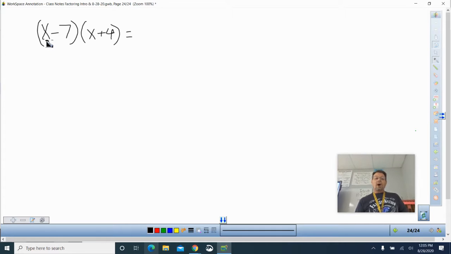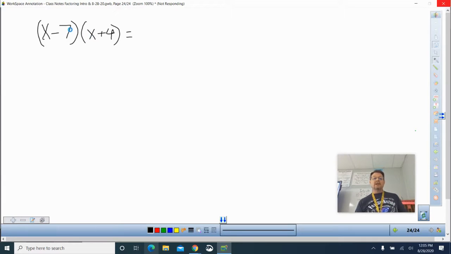Okay. O of the FOIL is the outside term. So that's x and 4. So you do 4 times x, or x times 4. There's your O. Okay. I is the innards, meaning the two inner pieces right here will be negative 7 times x. And then L means the last term of both parentheses.